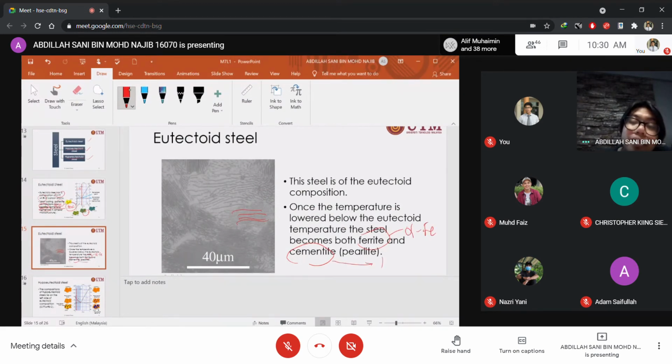Cementite is iron carbide. Just the names. And this connectivity, this lamellar structure of these two, in total we call it pearlite.